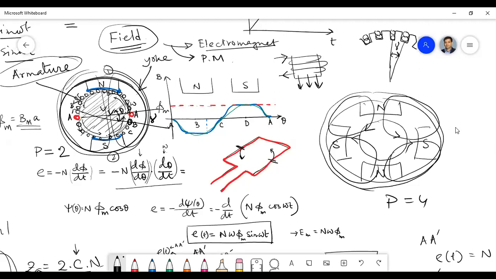So that means if armature carries some current, then it will also produce a magnetic field, isn't it?